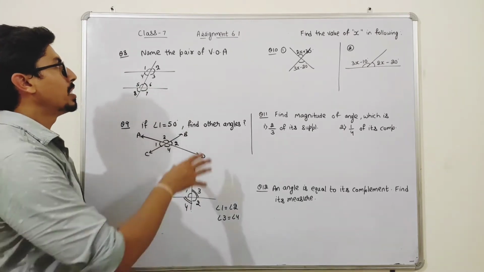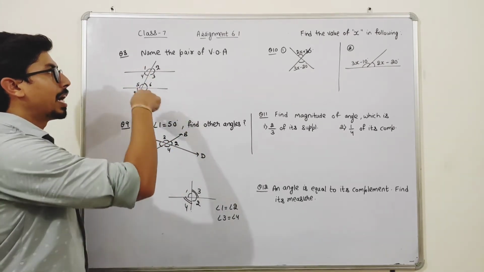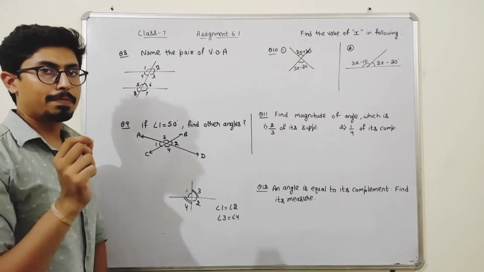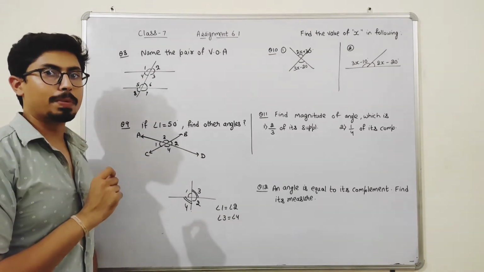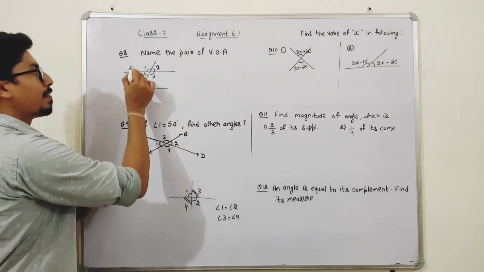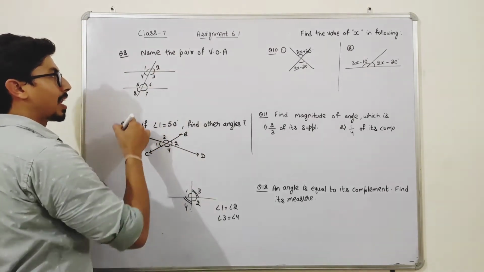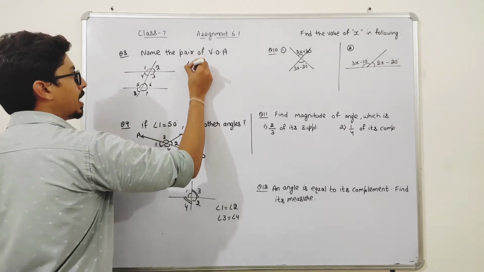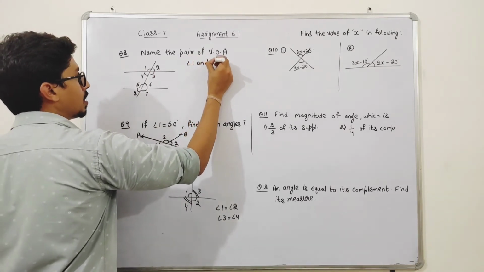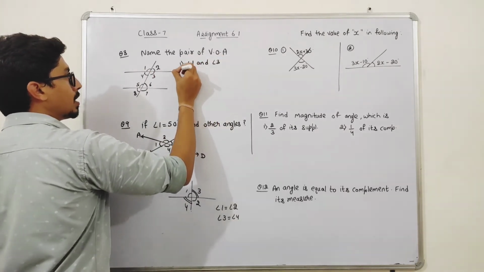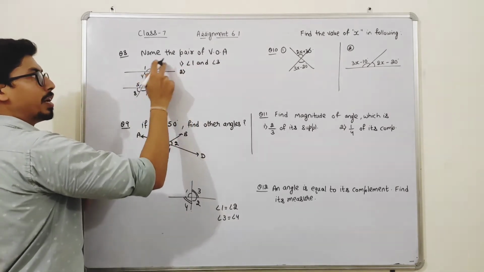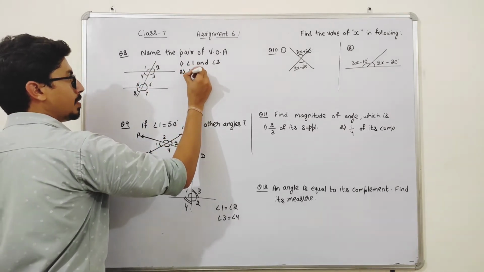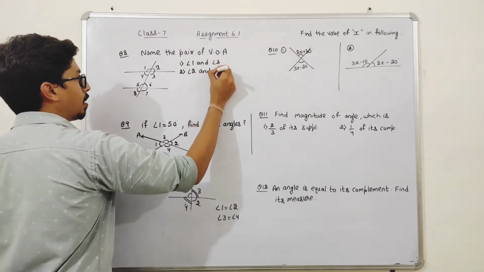Now students, in this figure, I have to name which pairs of angles are forming vertically opposite angles. If I take this line and this line, these are vertically opposite angles. So angle 1 and angle 3, first pair. Second pair will be angle 2 and angle 4.